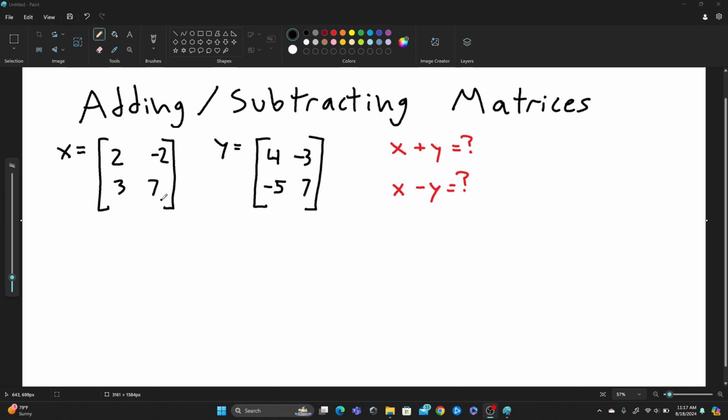So when it comes to adding or subtracting matrices, the operation is very simple. So we're going to take element 1,1 from matrix X, and we're going to add it with element 1,1 of matrix Y. And so 2 plus 4 equals 6.